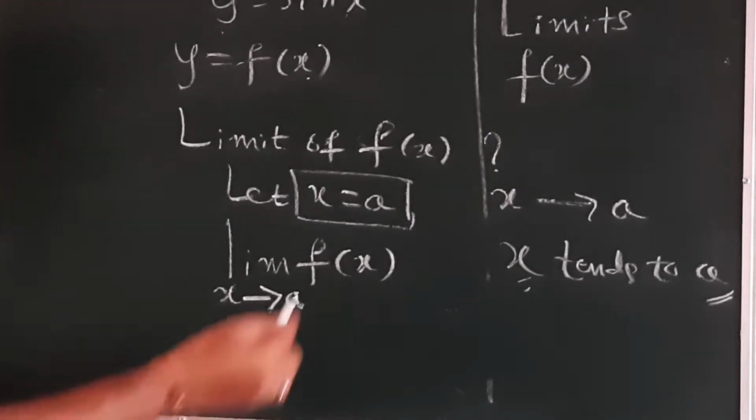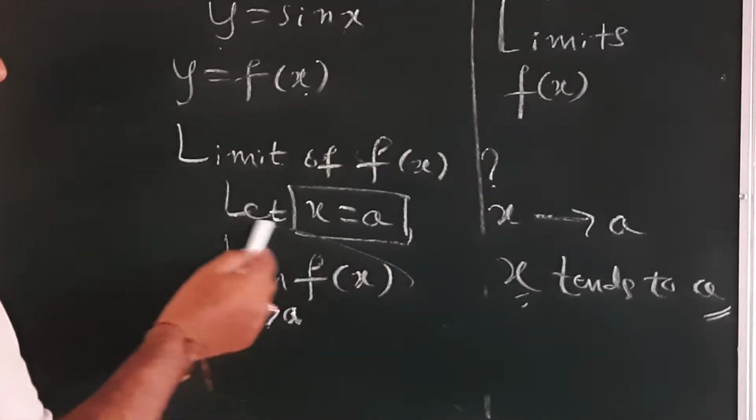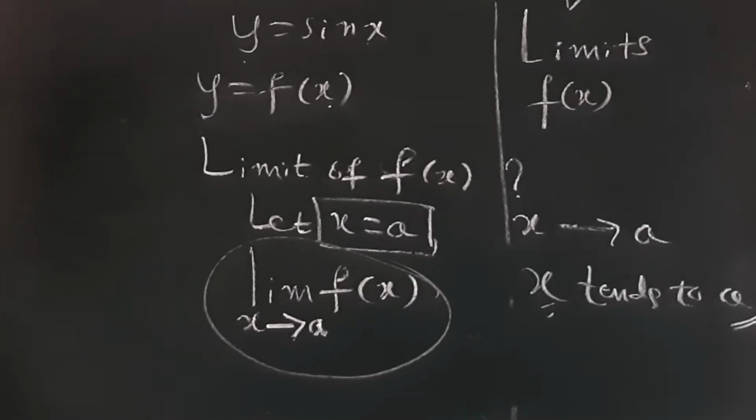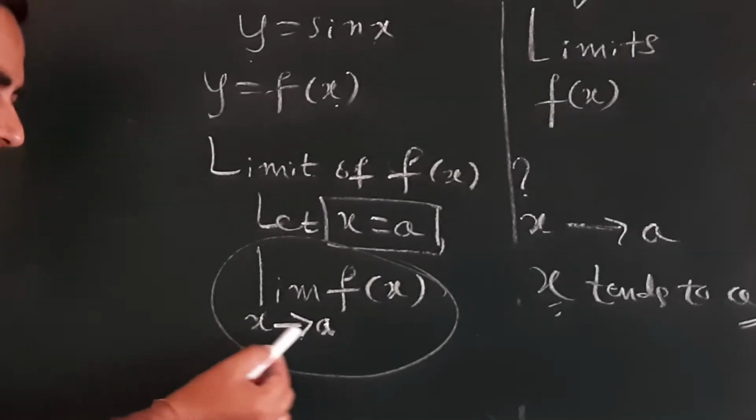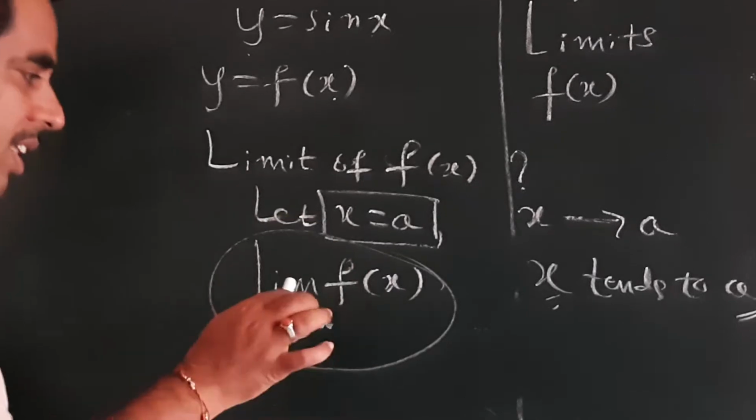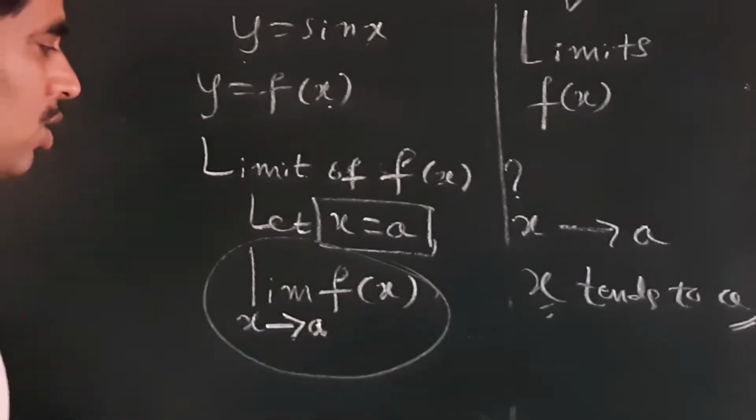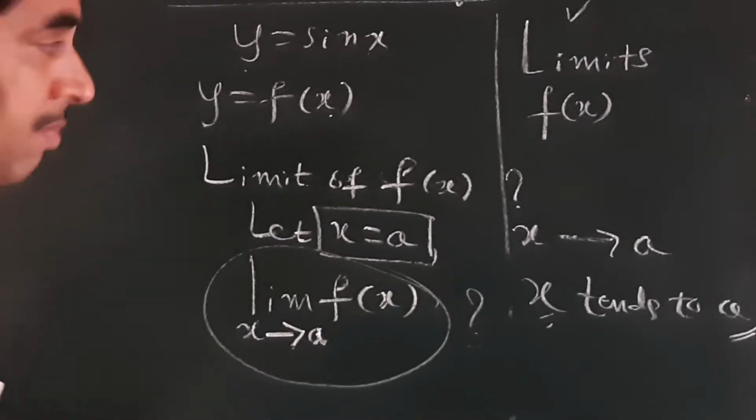So as x tends to a, we write the symbol like this, limit of the function. Then what is the meaning of this limit of the function?